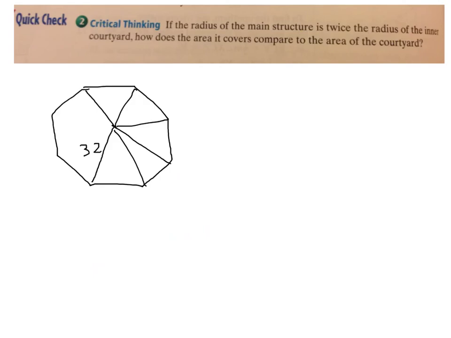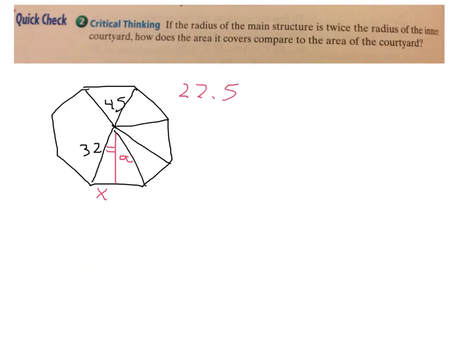Here's my regular octagon with the radius of 32. All of these central angles are going to be 45. So this red arced angle is again going to be 22.5. This is a regular octagon. We have to figure out the apothem, and we're going to have to figure out x.